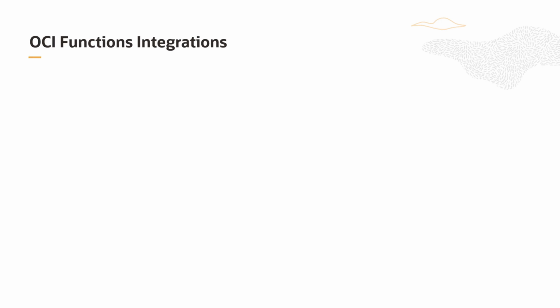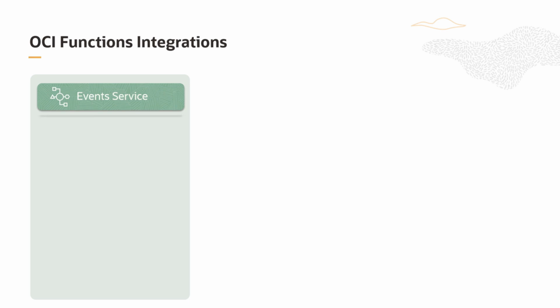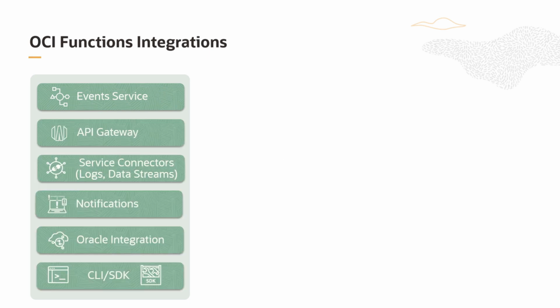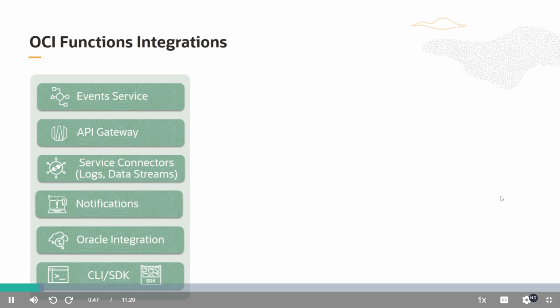OCI offers several services that can automatically trigger functions for you. These include the events service, which can invoke functions in response to specific events, and the API gateway, which can expose your functions as API endpoints.